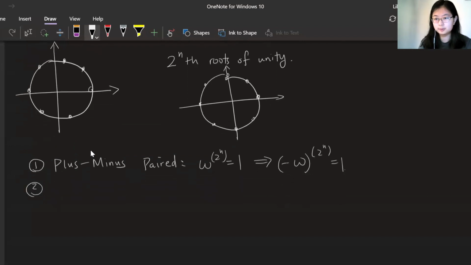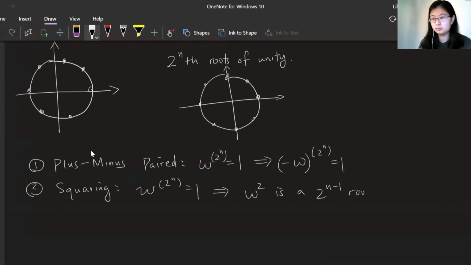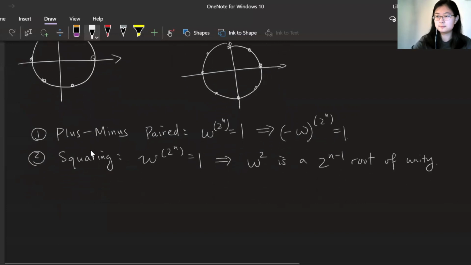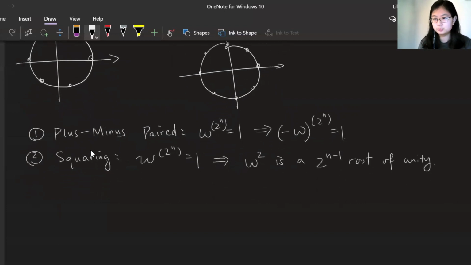The other nice property is that it behaves well under squaring. So what I mean by this is that if I have omega as a 2 to the nth root of unity, then omega squared is a 2 to the n minus 1 root of unity. Why is this? We can see this by rewriting this equation.